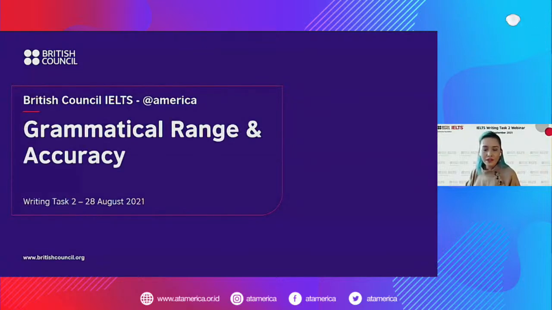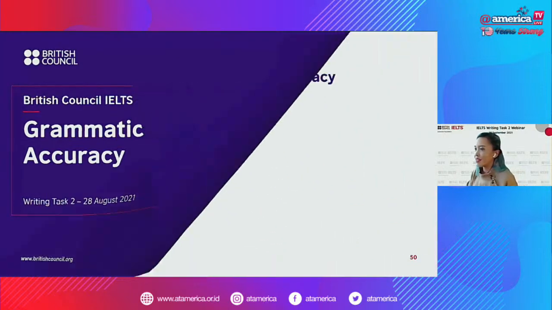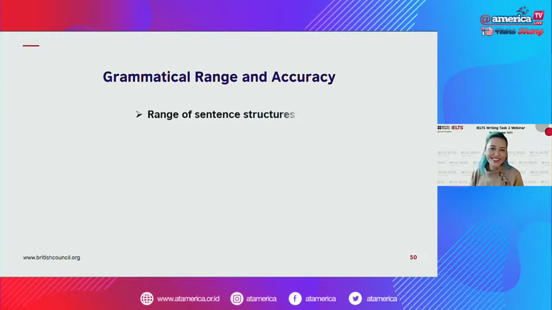Right, so let's have a look at the last but not the least criterion, grammatical range and accuracy. Here, range of structures might include different ways to talk about the past.